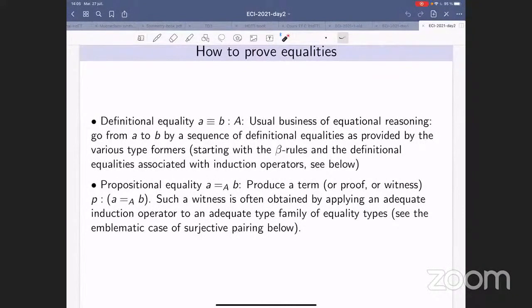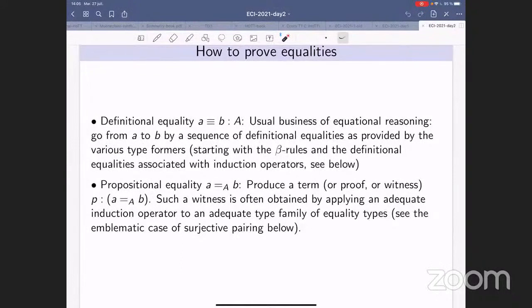So definitional equality is quite traditional, okay, in the sense that people are used to prove equations by a sequence of equations.